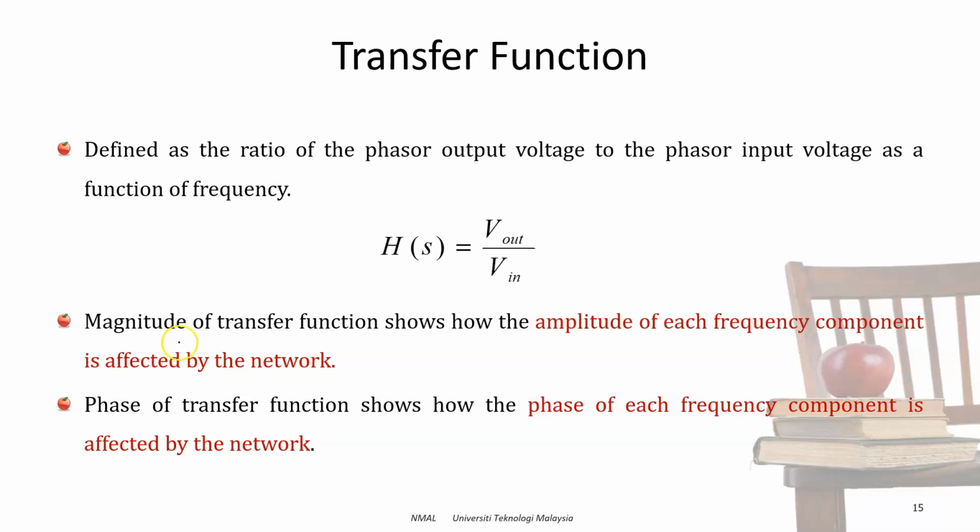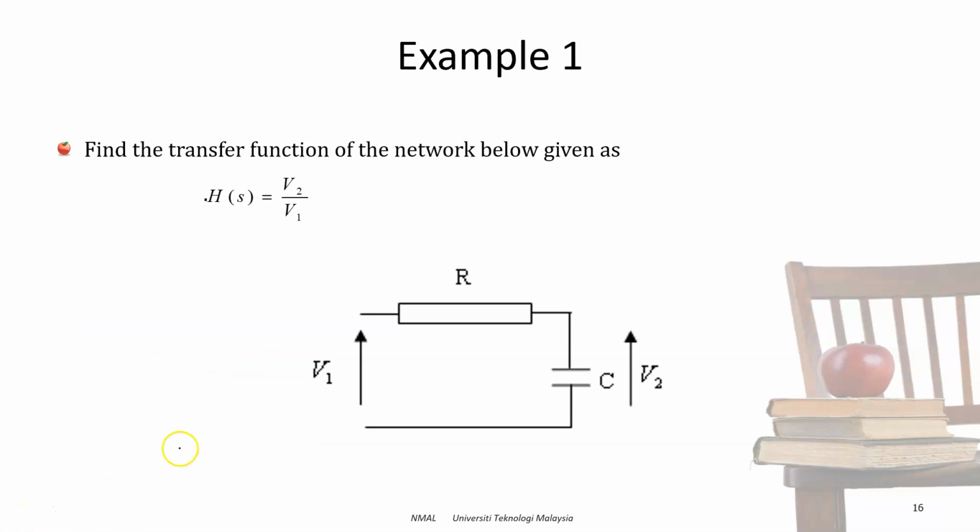The magnitude of the transfer function shows how the amplitude of each frequency component is affected by the network. On the other hand, the phase of the transfer function shows how the phase of each frequency component is affected by the network. We can see the example here.